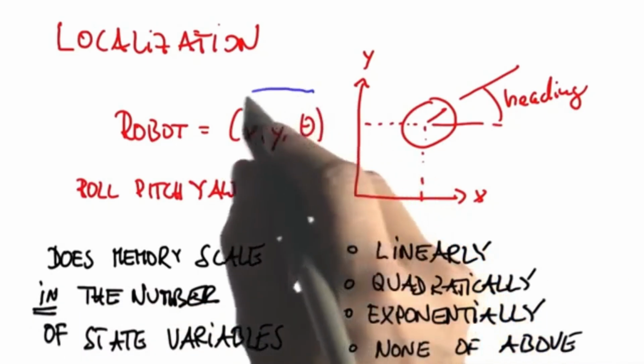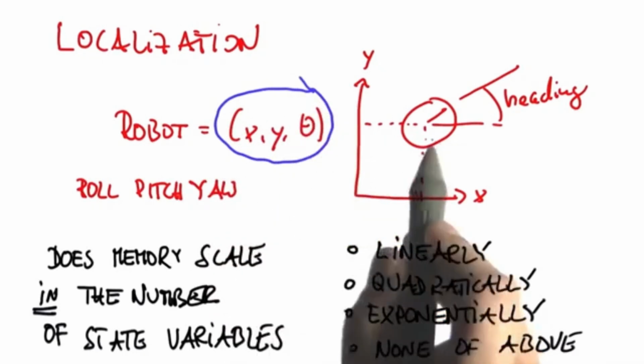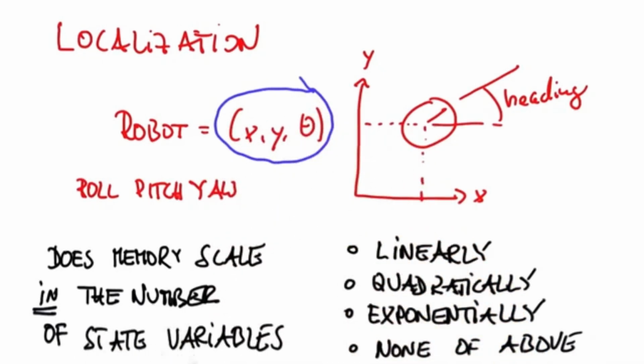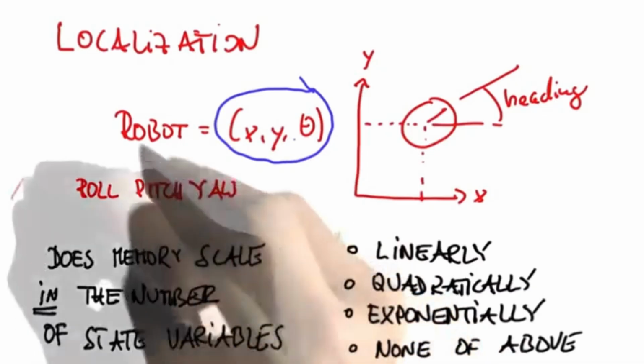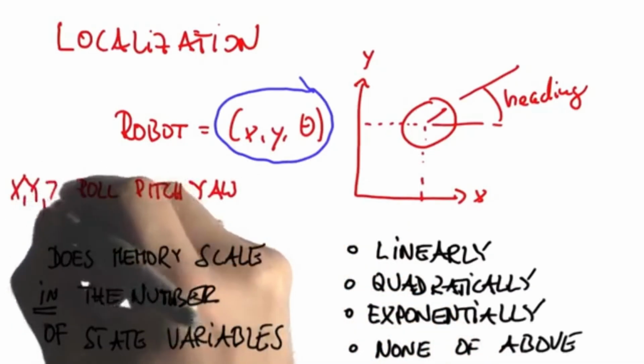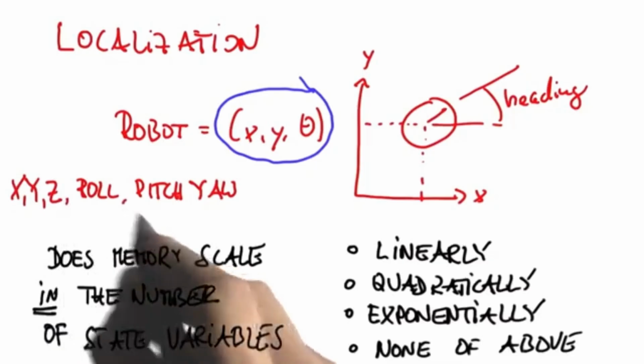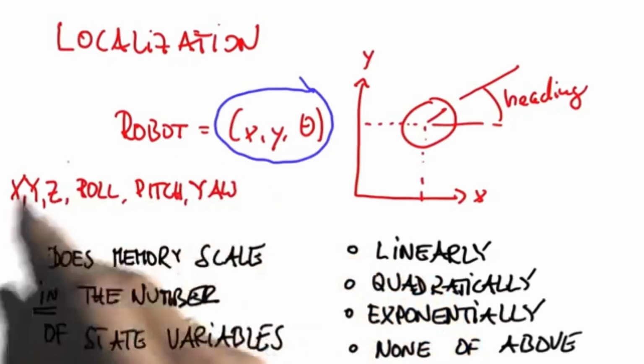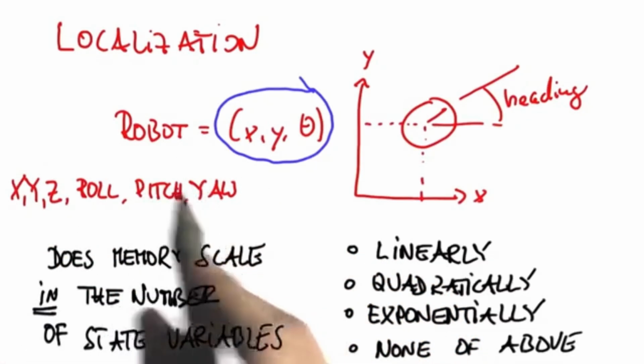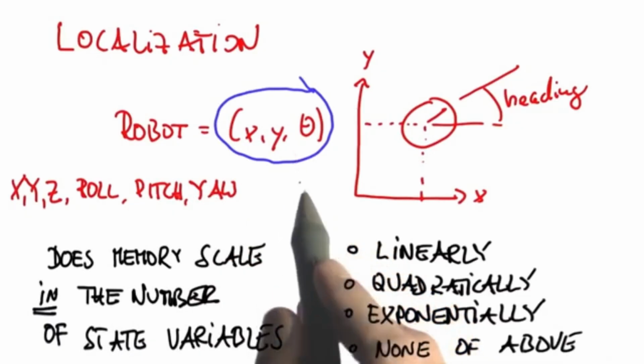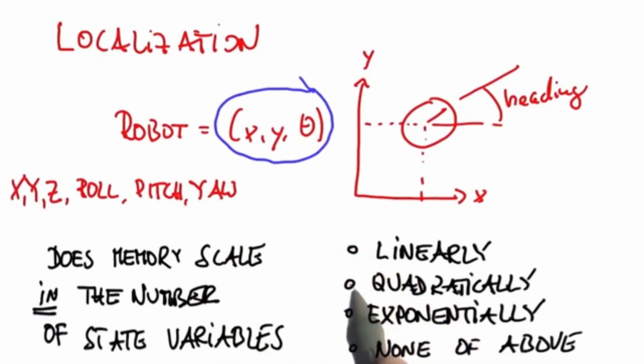So again, for a robot operating on a plane, these are typically 3 of them, so the number of state variables would be 3. If you were to look at a flying robot where you have x, y, z, roll, pitch, and yaw, you would get 6 such variables. And I wonder how the memory use of the basic histogram localization scales. Please check exactly one of those 4 boxes over here.